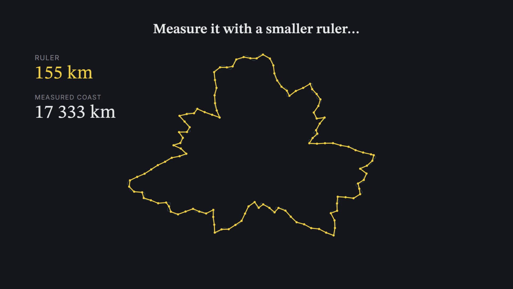Here's the crucial pattern. Every time you use a smaller ruler, you measure a longer coastline. A man named Lewis Fry Richardson noticed exactly this in the 1950s, almost by accident, while studying the lengths of borders between countries. The shorter your measuring stick, the longer the border becomes, and it never seems to settle down.